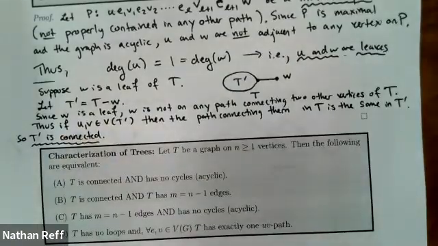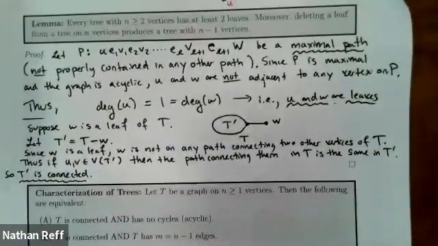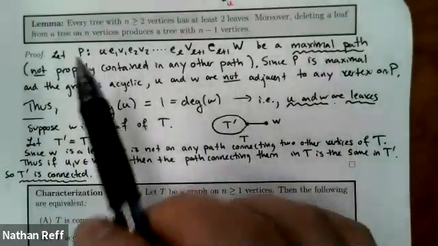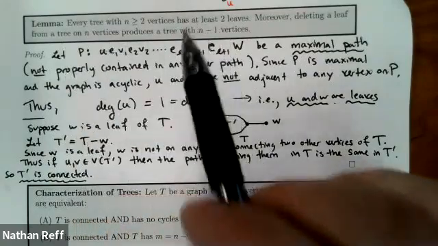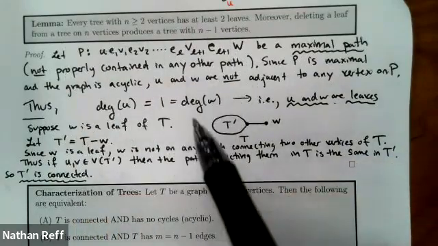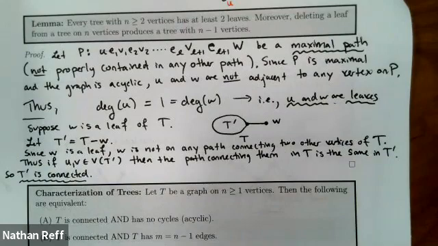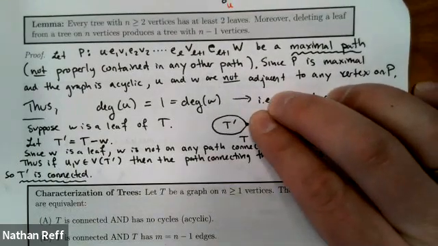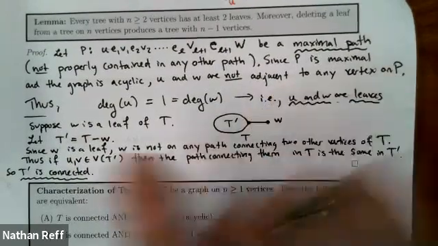Now, what am I trying to prove? I'm trying to prove T prime is actually a tree, right? It'll have n minus 1 vertices, so I'm almost there. I'm connected, but what else do I need to prove? Acyclic, right? It'll definitely have the right number of vertices, since if I delete W, I've removed one vertex. But right now I only know that it's connected.